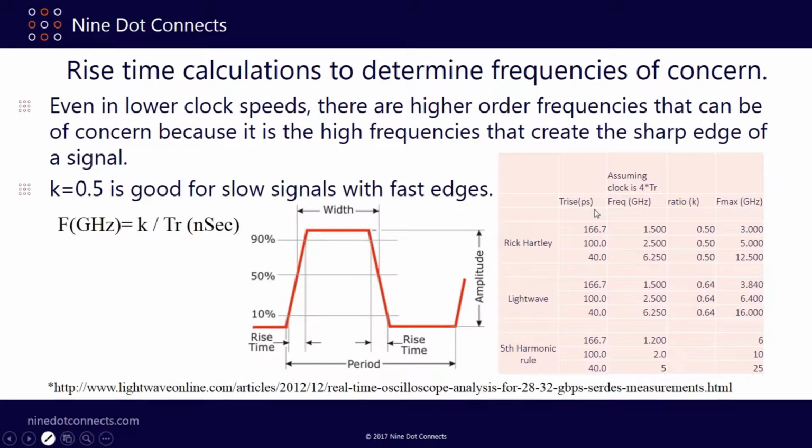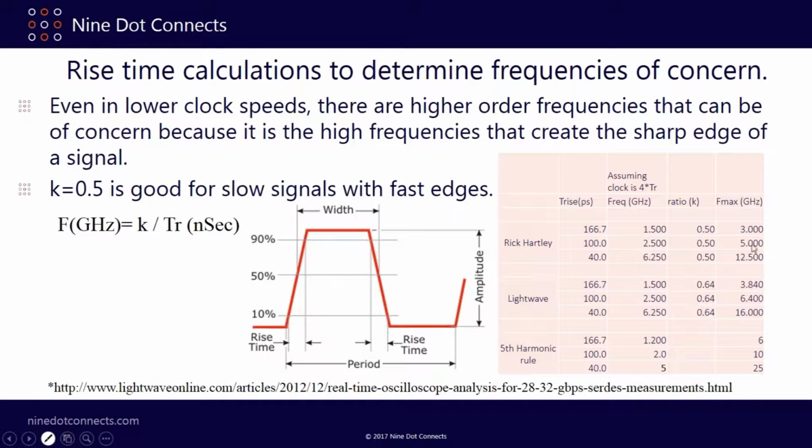Now, over here in this table, what I've done is given you, based upon the ratio of K, the gentleman by the name of Rick Hartley, who also subscribes to using K equal 0.5. If we take 3 different signals with the rise time based upon this table, let's just pick 100. It's easier for math.